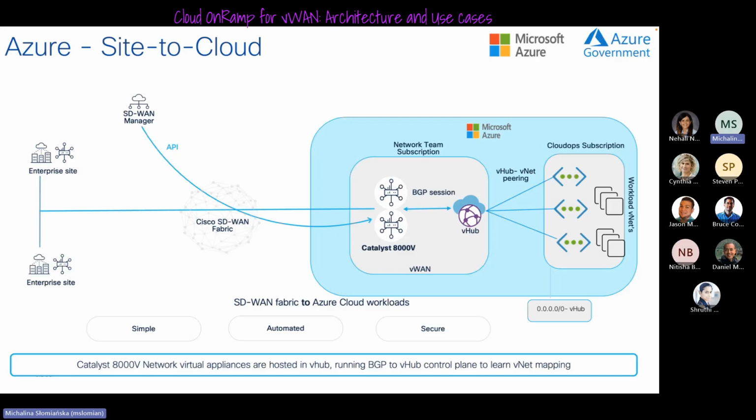We differentiate between network subscription and cloud ops subscription in terms of we support the use case when you have vHub and NVAs in the same subscription, but we are also allowing you to build trusted relationship with other subscriptions and connect from the subscription of your networking team to application subscription that you're using.